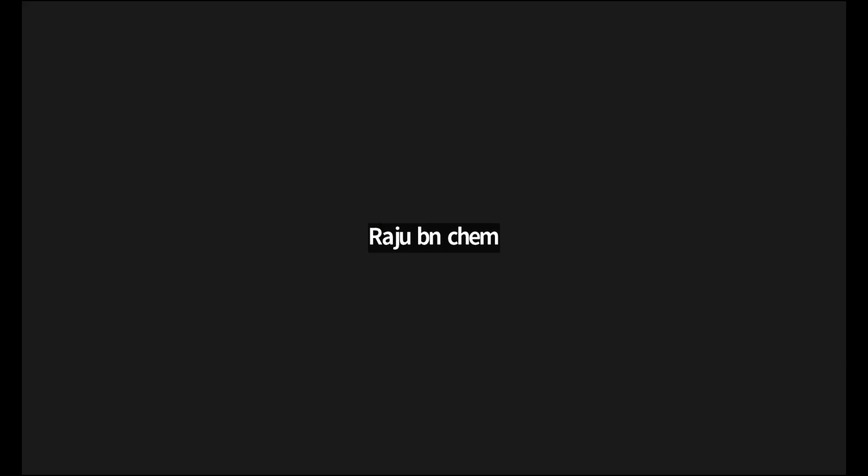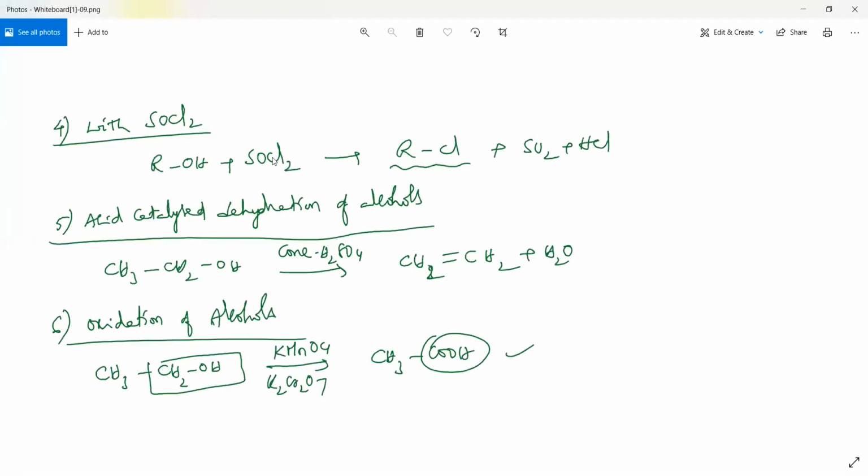Next, with thionyl chloride. ROH plus SOCl2. Already we have seen these reactions in alkyl halides.